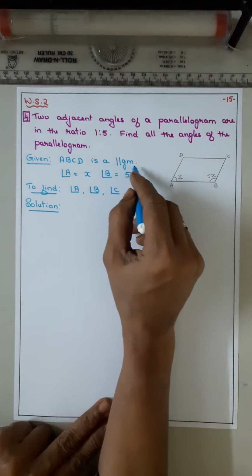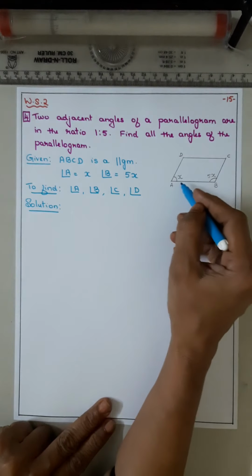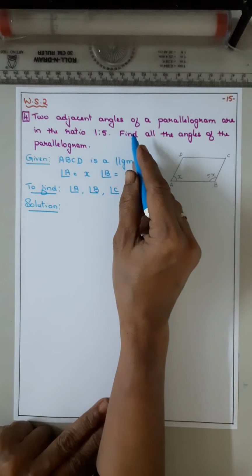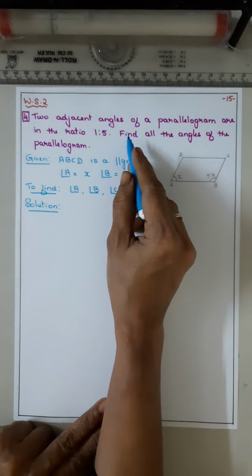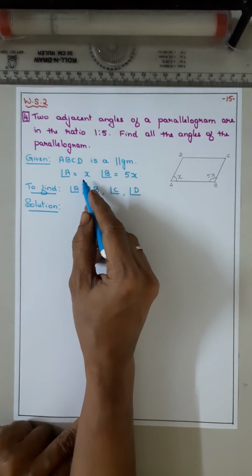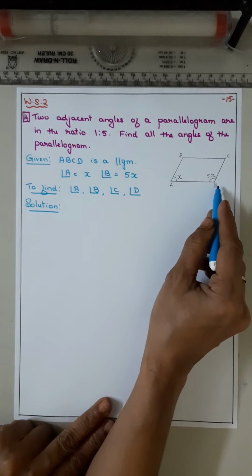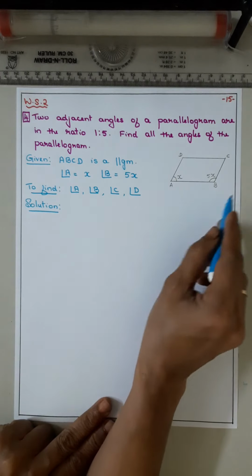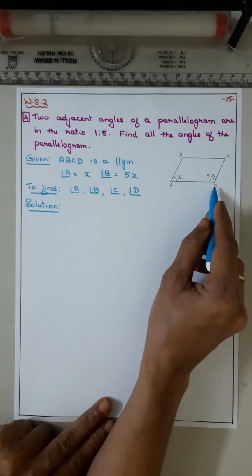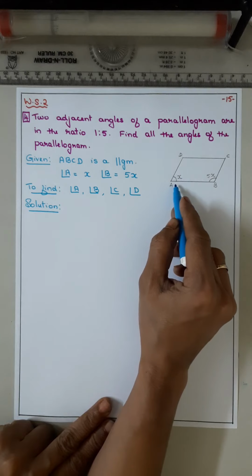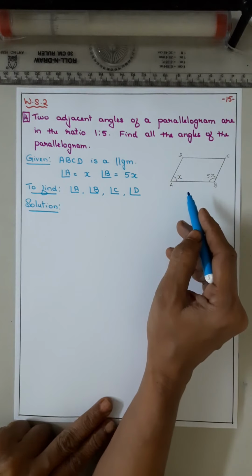ABCD is a parallelogram. Take angle A to be x. 1:5 means x and 5x. So let angle A be x and angle B will be 5x. Now, to find all the angles, we have to find the value of x.